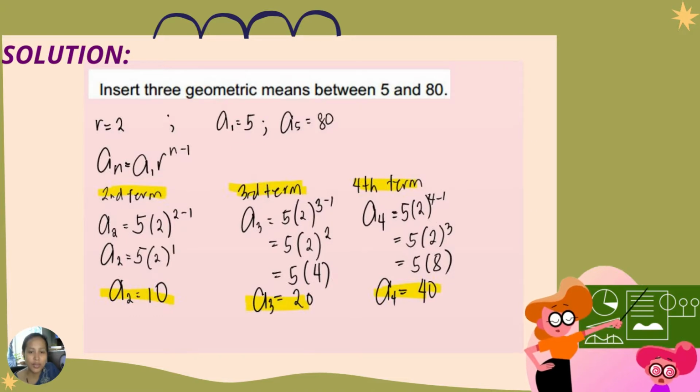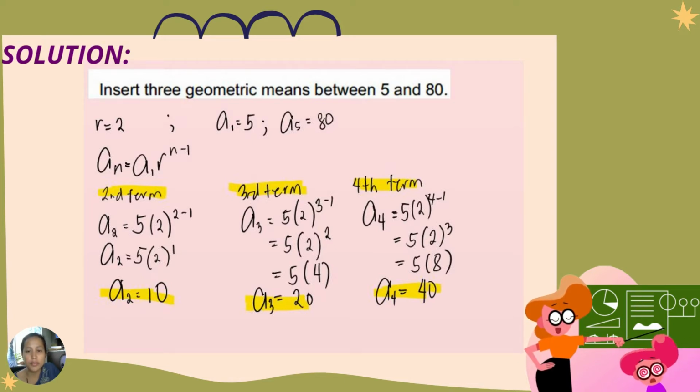Again, I would like to remind you, you have to evaluate the exponent first before you multiply the 2 to 5. So 2 raised to 2 is 4. 4 times 5 is 20. Okay, that is our third term.